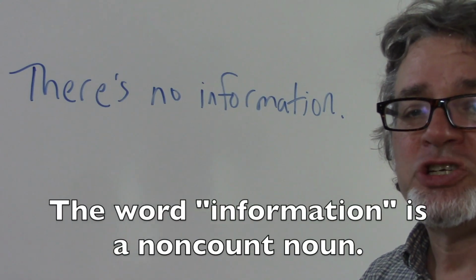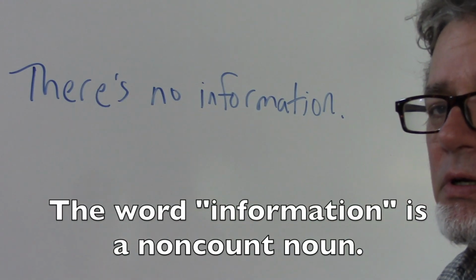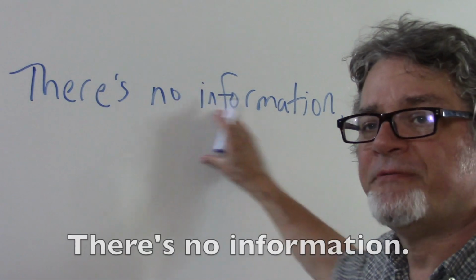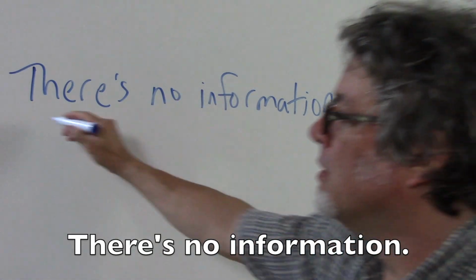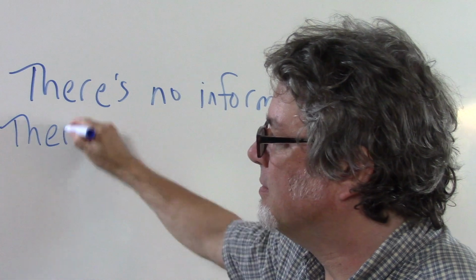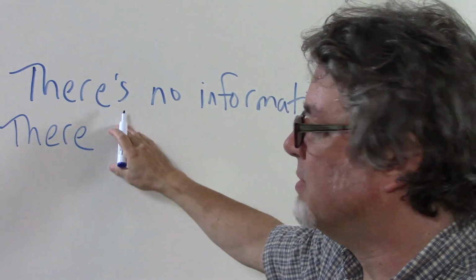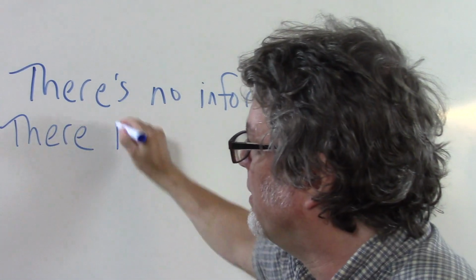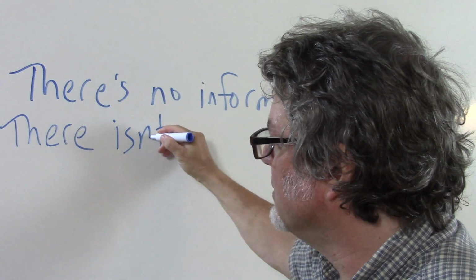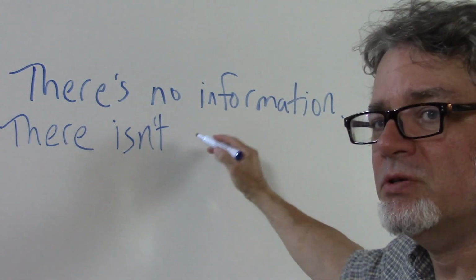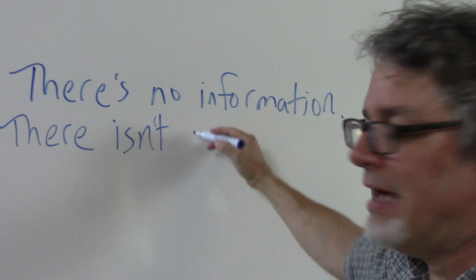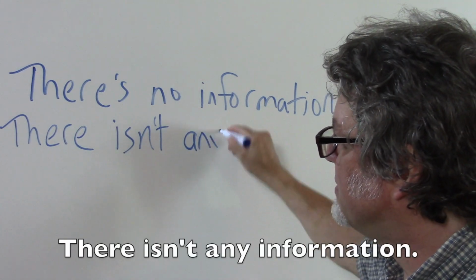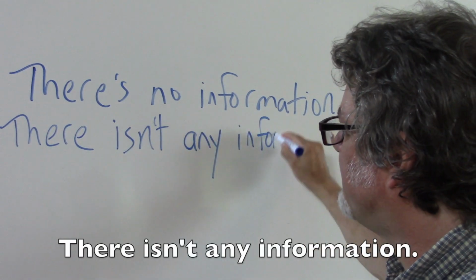The word information is a non-count noun. There's no information. Or if I want to use not, then I'll change this to isn't. There isn't, and then we have to use the adjective any. There isn't any information.